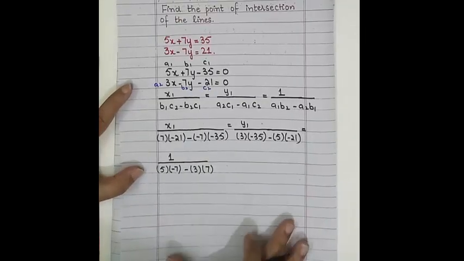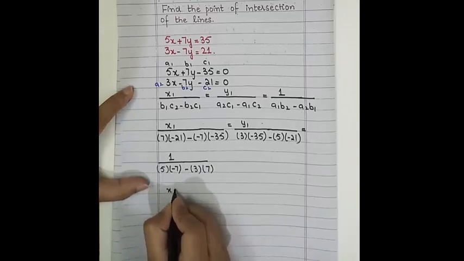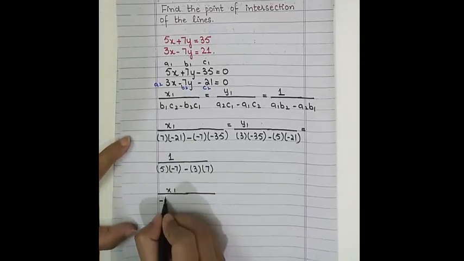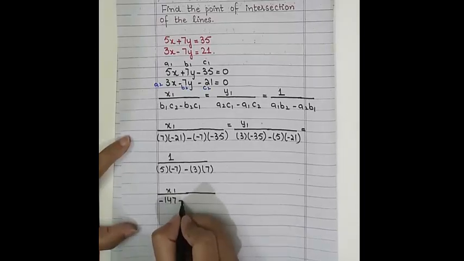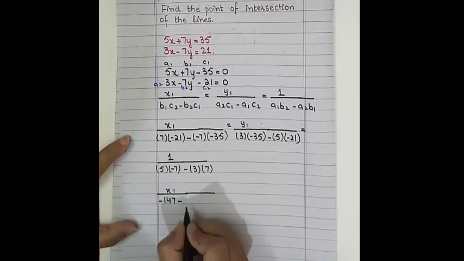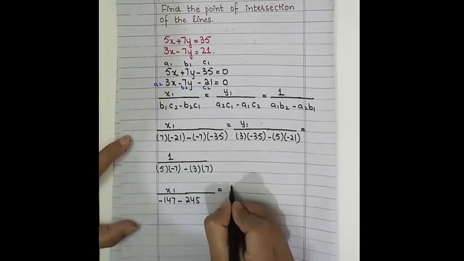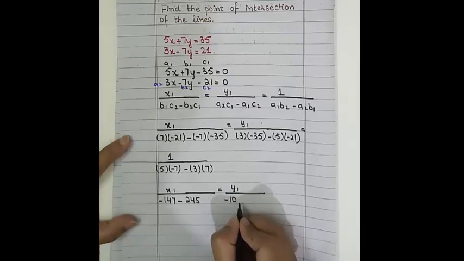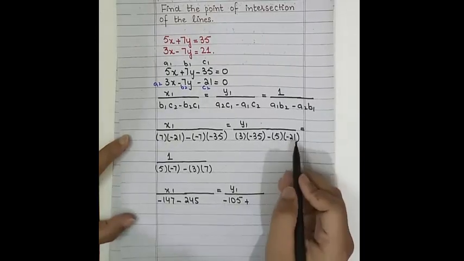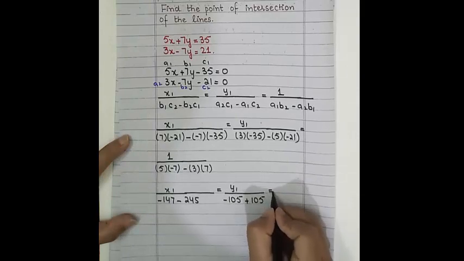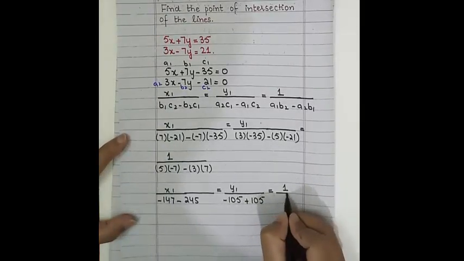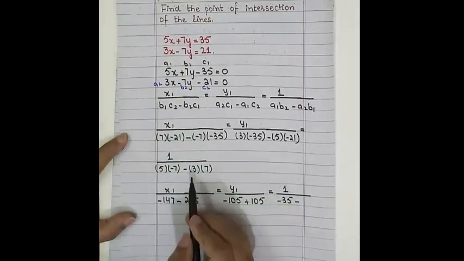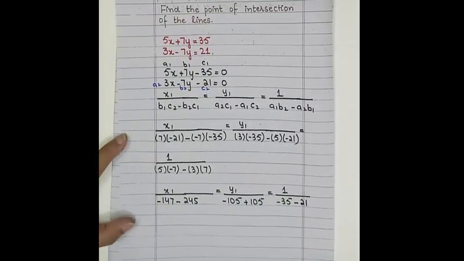Now solving, we have x1 divided by 7 multiplied by minus 21 is minus 147, then minus sign, and 7 multiplied by 35 is 245, which is equal to y1. 35 multiplied by 3 gives us minus 105, minus minus is plus, and 21 times 5 is 105, which is equal to 1 over 5 multiplied by minus 7 minus 35, minus 7 times 3 is 21, right?